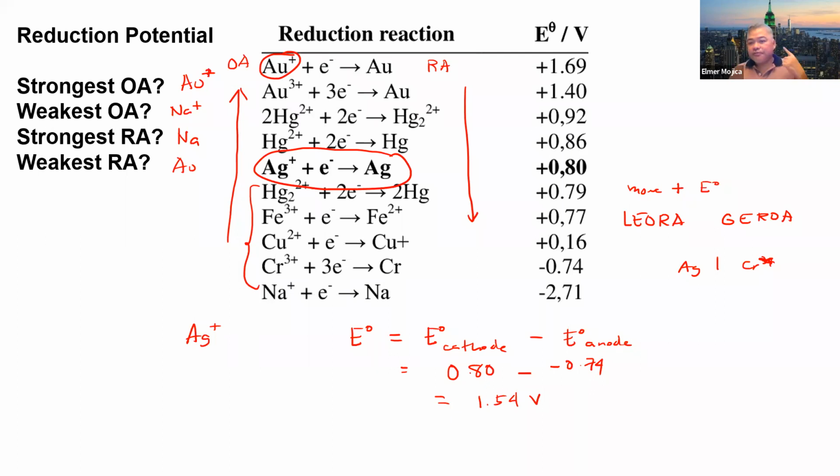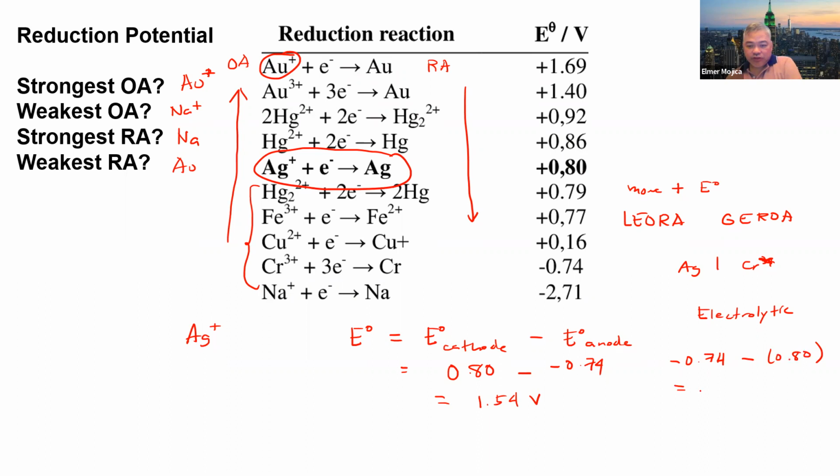Now, if you are asked about the electrolytic cell between the silver and chromium system, the way we work on it is that your cathode will be made up of the negative one, which is negative 0.74, and your anode will be made up of the more positive one.